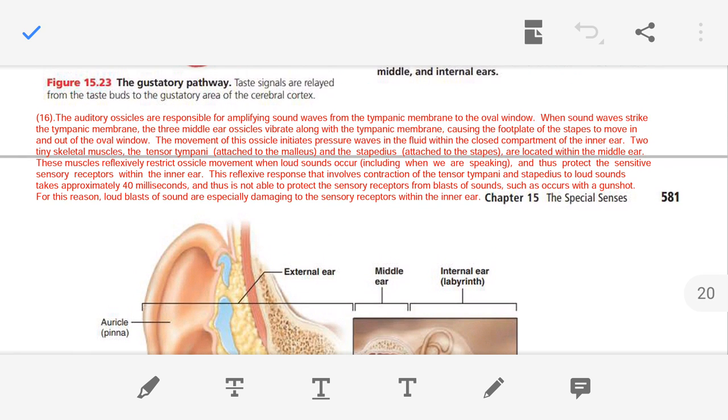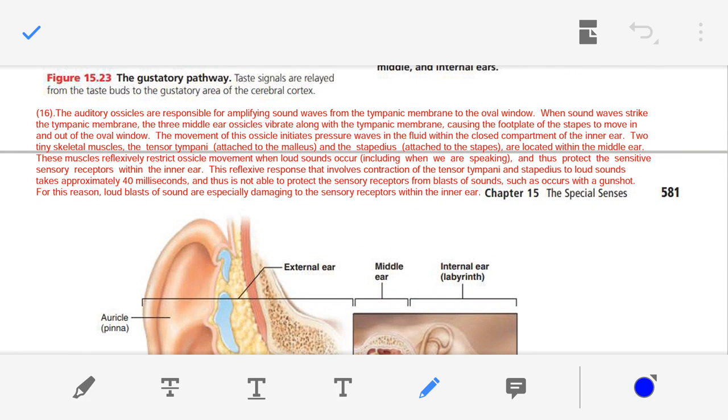See, the auditory ossicles are responsible for amplification of sound waves which are received from the tympanic membrane, and they are going to pass this sound wave to the oval window.